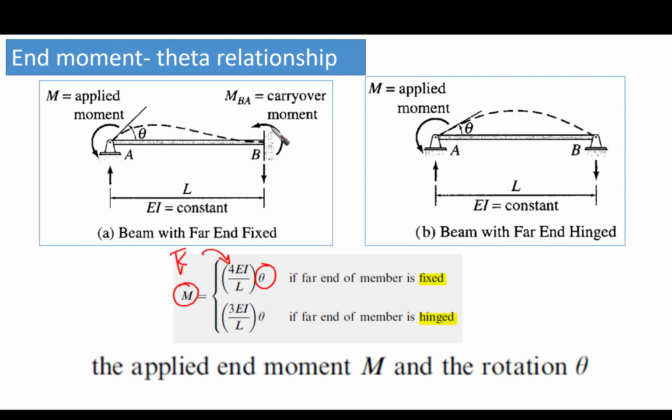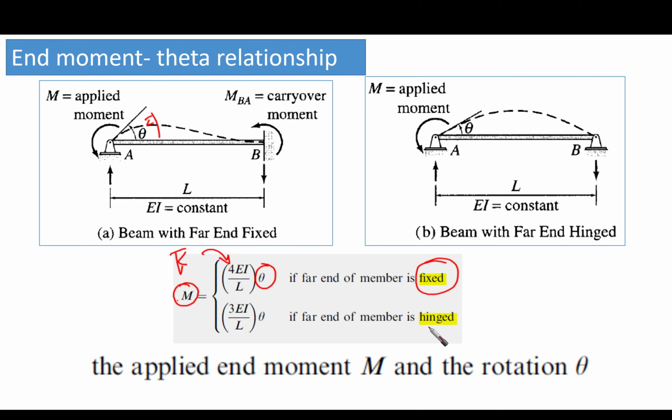So if the far end is fixed, as in this case, the moment needed to rotate this by one unit rotation is going to be 4EI over L times theta.